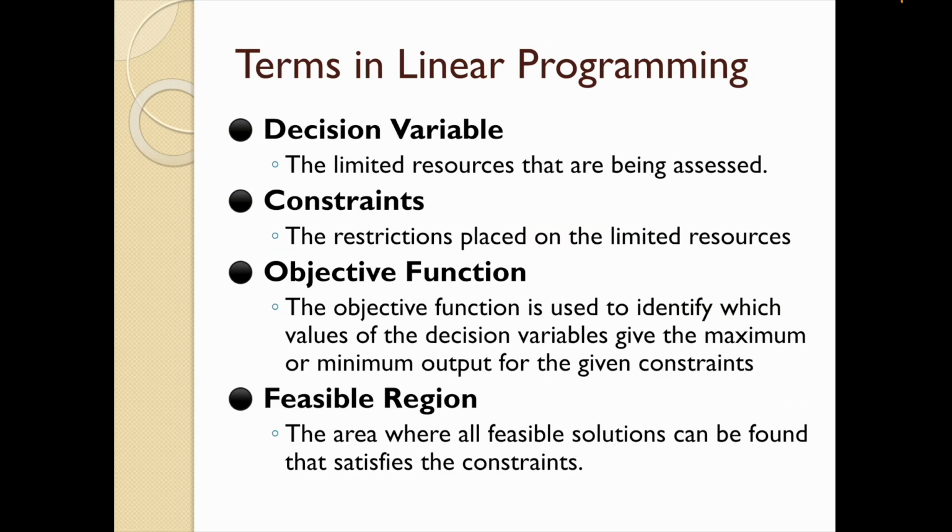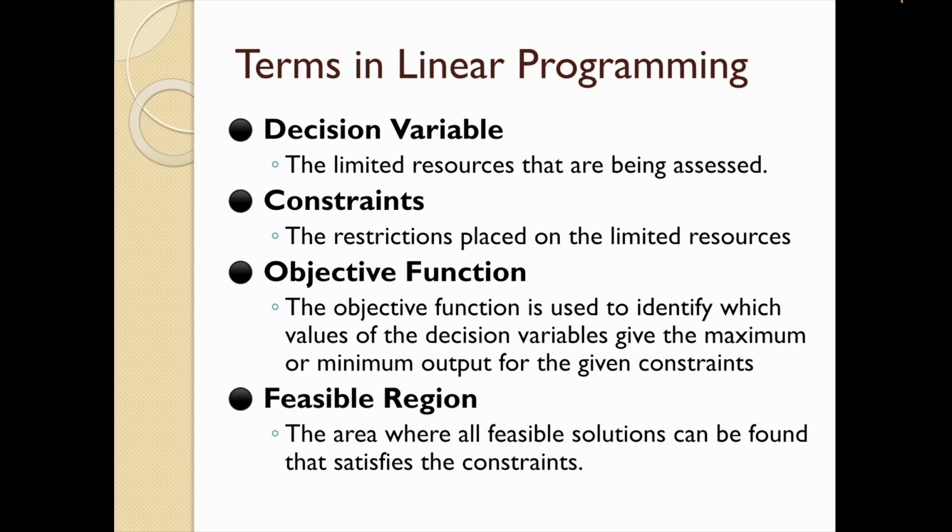All right, so these are the basic terms that we usually use in linear programming. We have the decision variables, right? There are limited resources that are being assessed. For instance, in our example before, it could have been the beer and ale. When you're comparing x and y, you say that the x's and y's are the variables.